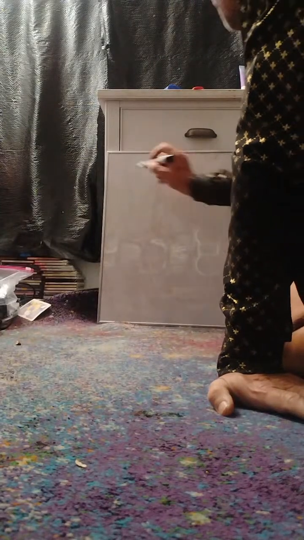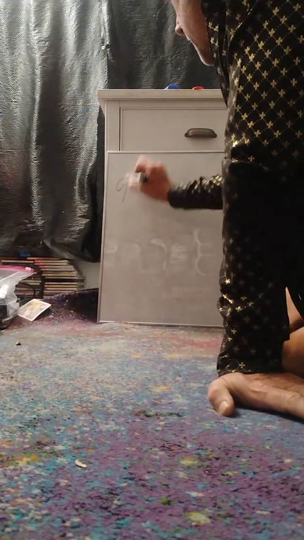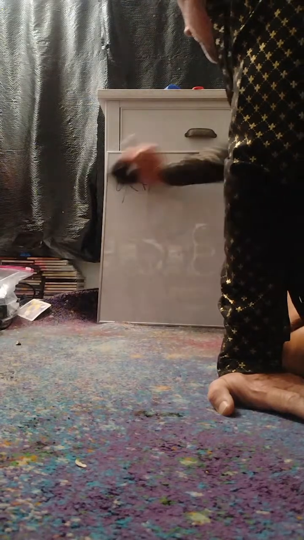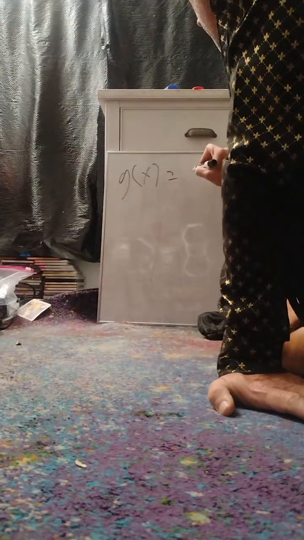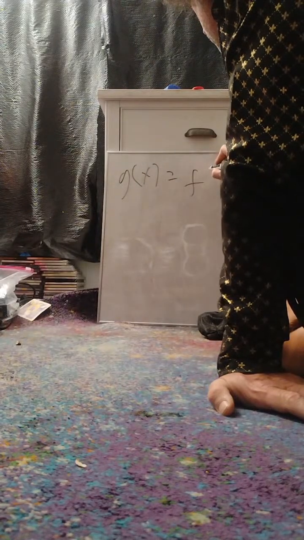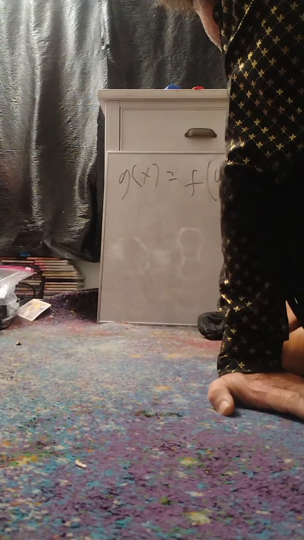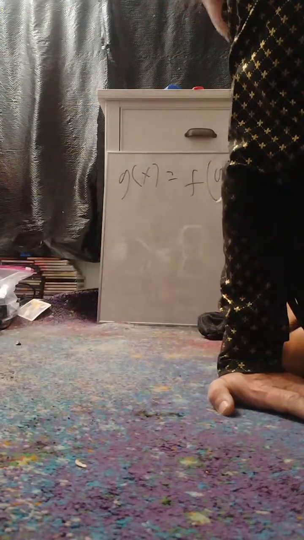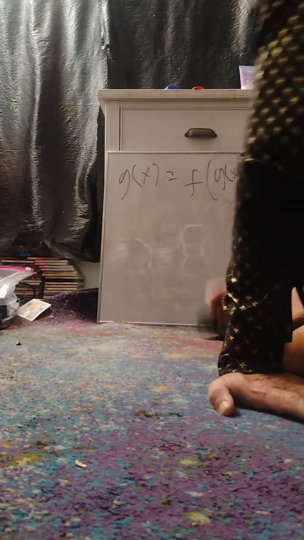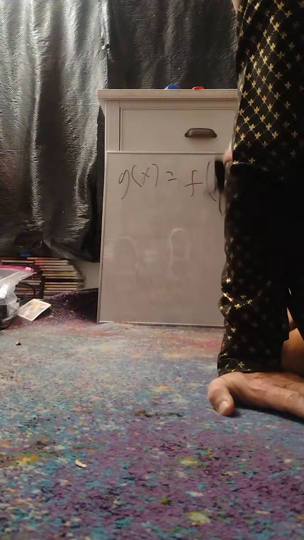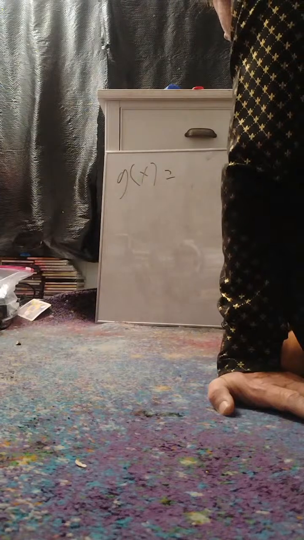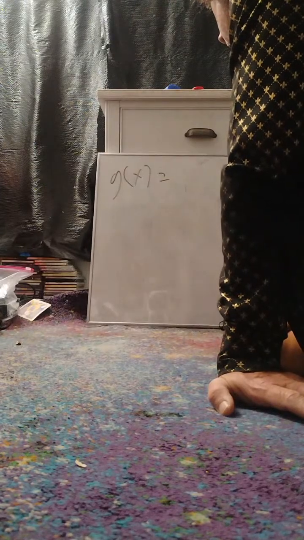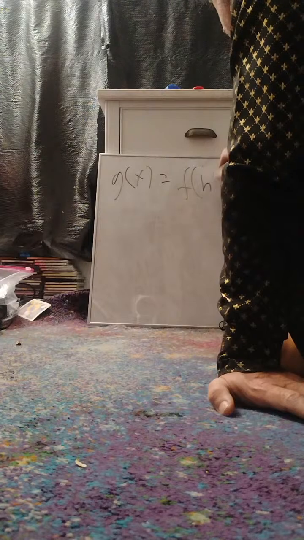The chain rule is a derivative of a function within a function. So let's say I have g of x equals f of h of x.